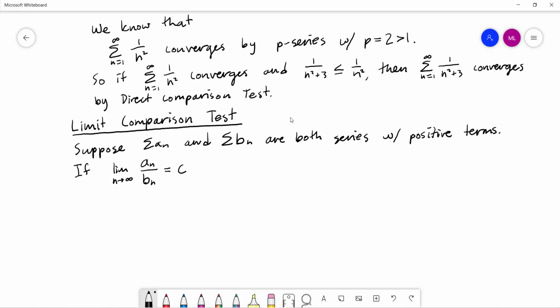This constant is a finite number, and we'll say strictly positive because all the terms themselves are supposed to be positive. So the ratio, if all these terms are positive, should also be positive. So equals a constant, so C is finite, and C is greater than 0.